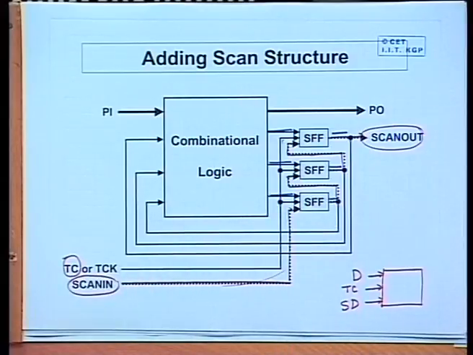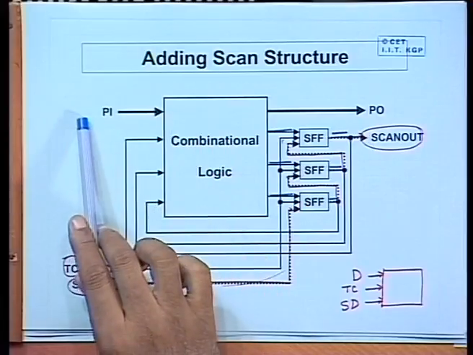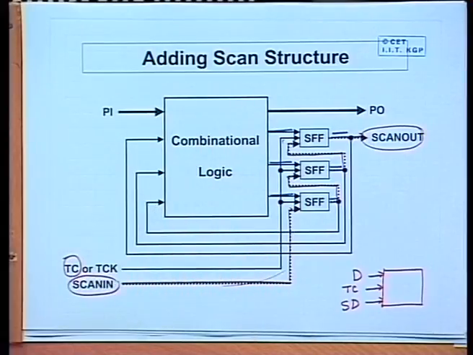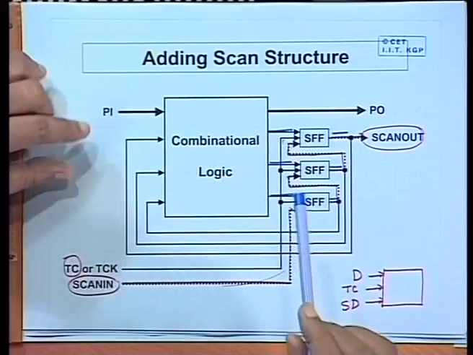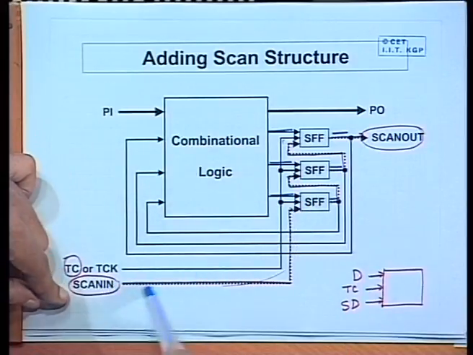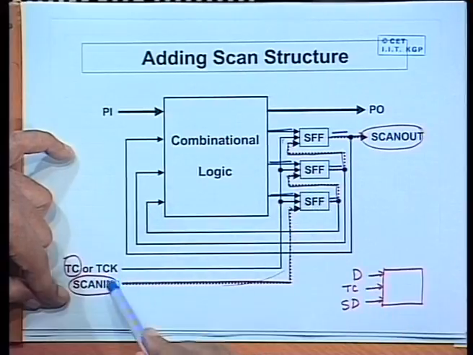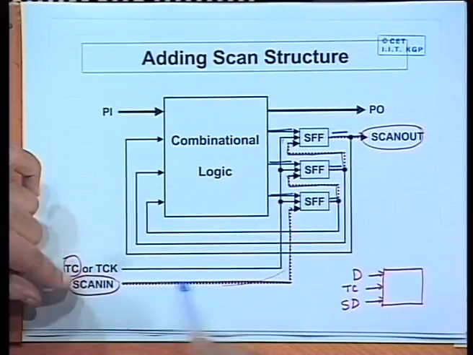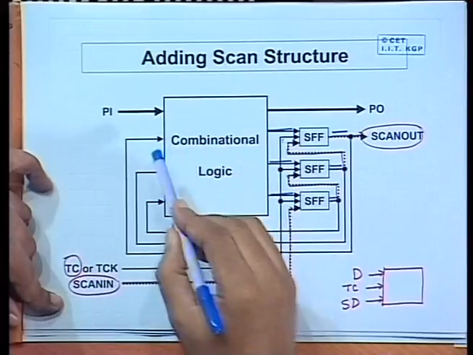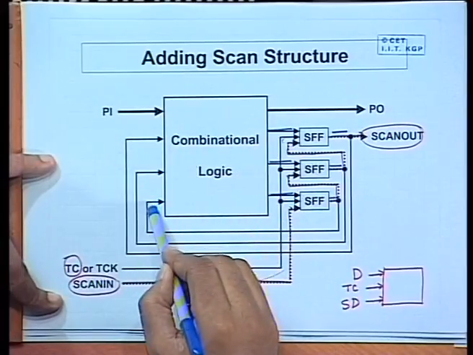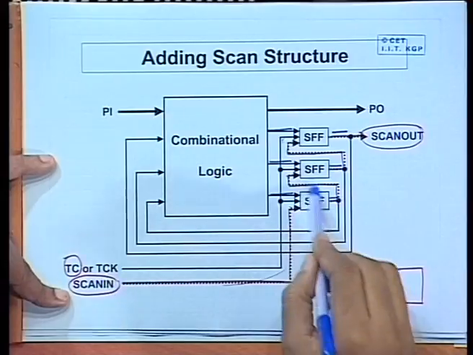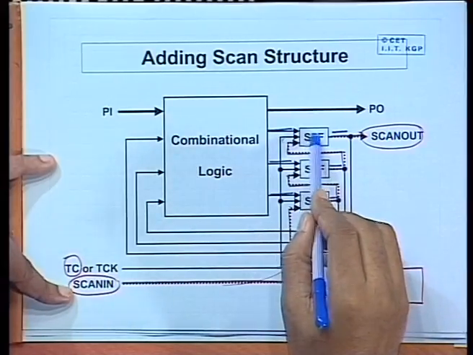In this circuit, try to observe what we have to do for applying each test pattern. For applying each test pattern, I will first have to shift in the data bits into the shift register. Say in this example there are 3 state variables, the 3 flip flops. So, I need 3 clock pulses for doing that.